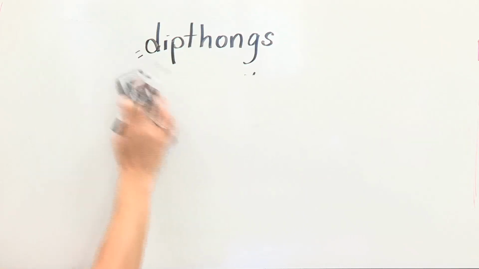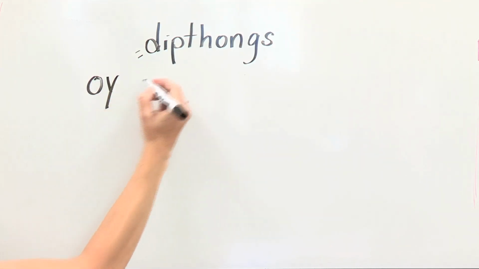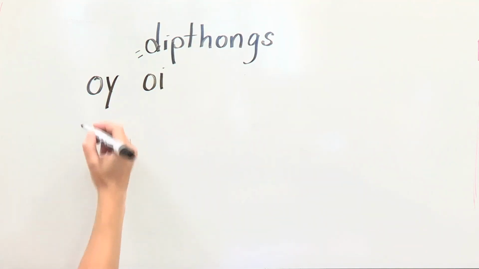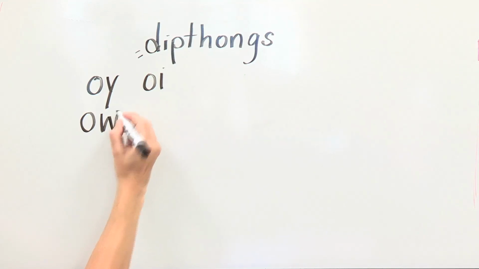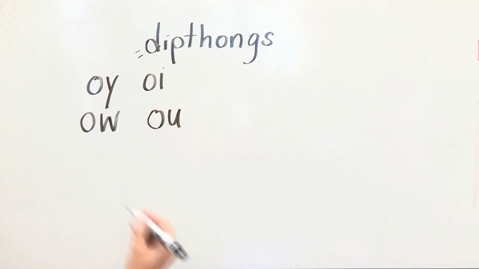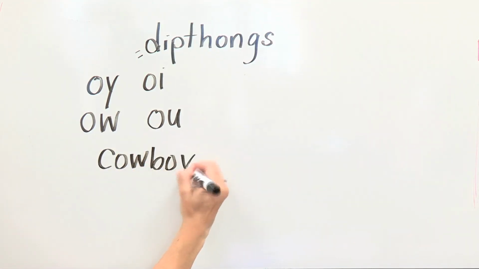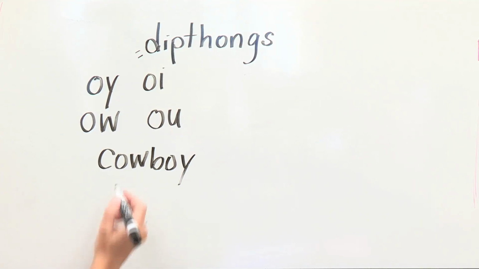That is confusing. The most common diphthong that we teach is OI, and then if you remember from yesterday, this can make a long O. This is OW. So if you look at the word cowboy, it has two diphthongs in it. Ow, oi.